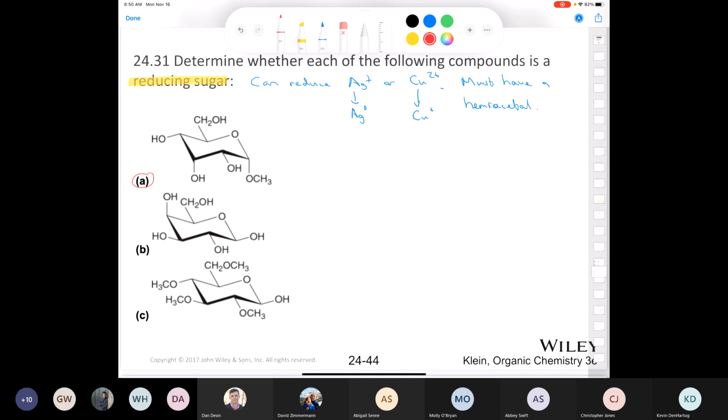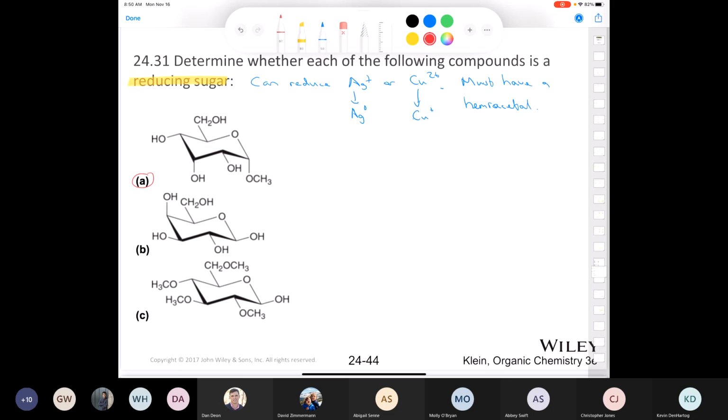Would A be considered a reducing sugar? Yay or nay? Anybody? Anyone?